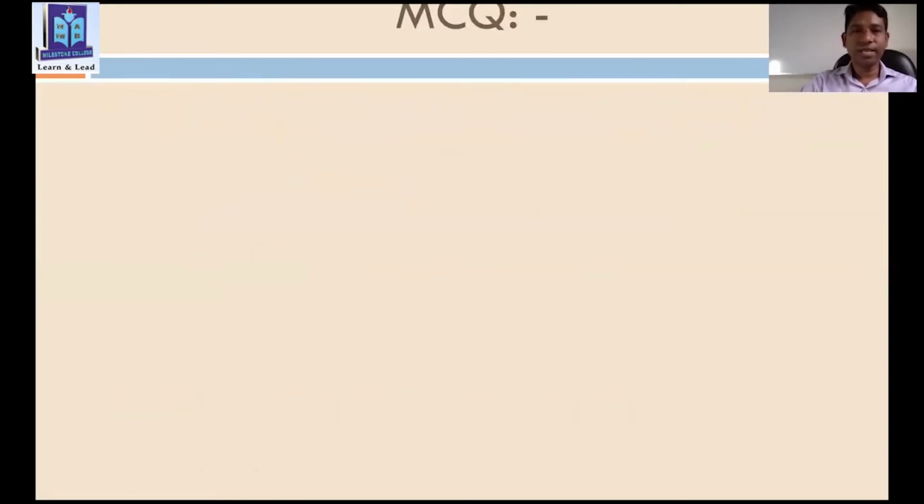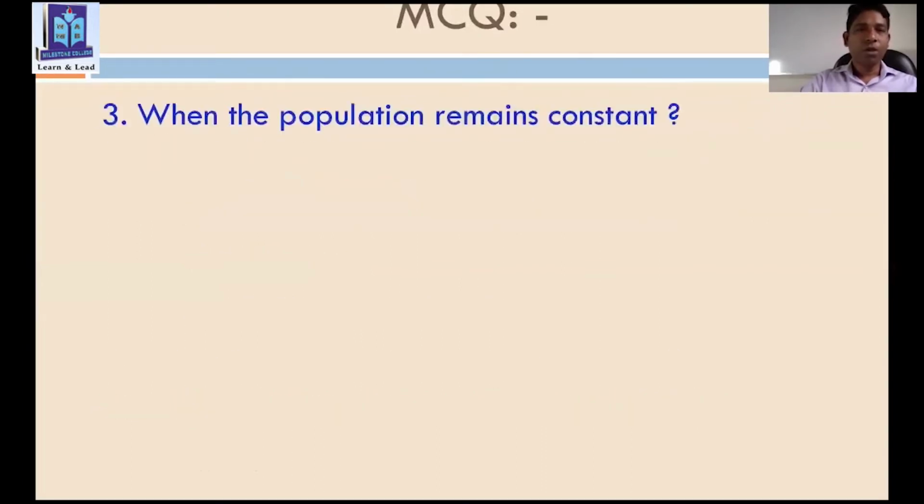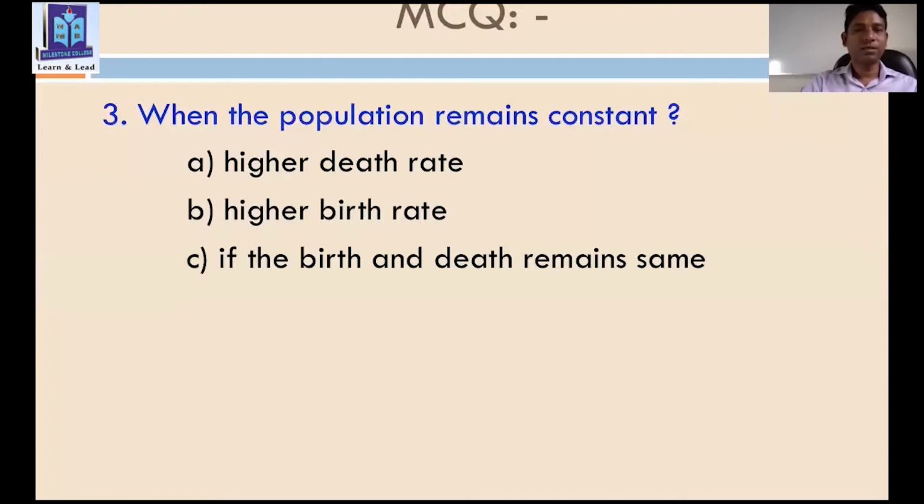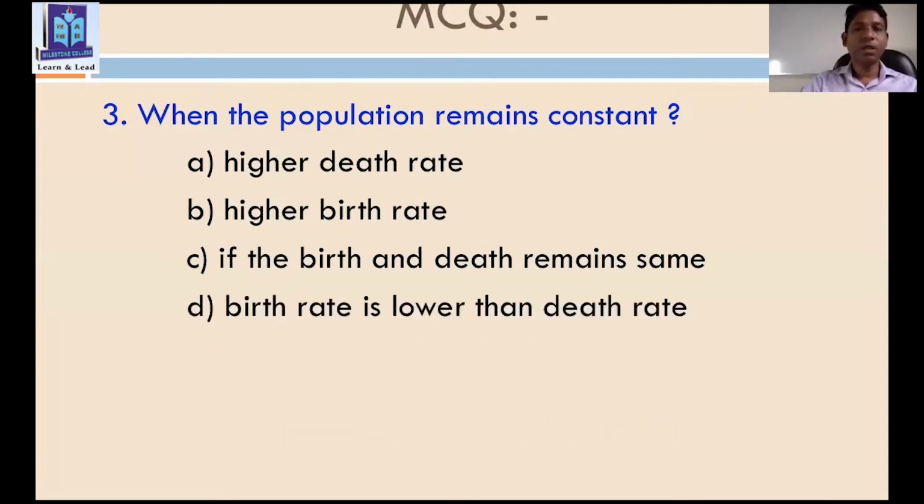Question number 3 here. When does the population remain constant? Higher death rate, higher birth rate, if the birth and death rate remain the same, and birth rate is lower than death rate.